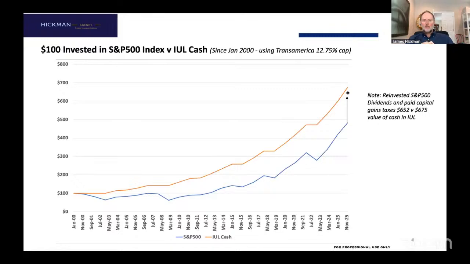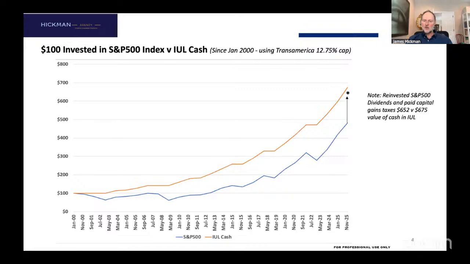So again, if I can take losses off the table, I don't need 80, 90% of the stock market's upside to match the market's performance, or even beat it. An investment in an IUL since 2000, the cash value in an IUL has outperformed a same dollar amount invested directly in the stock market. It's outperformed it.